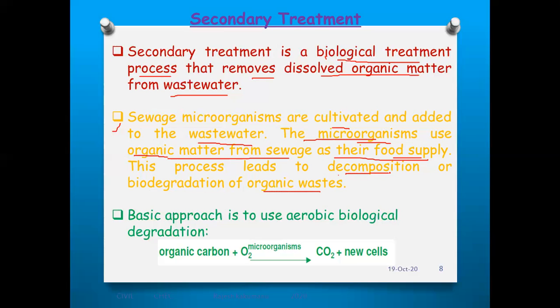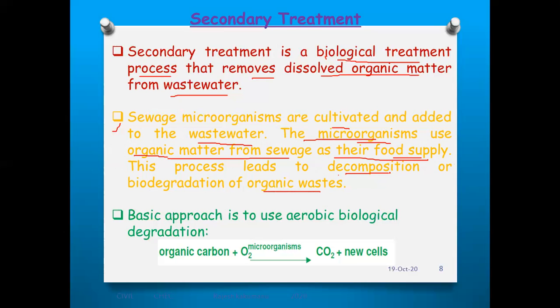Secondary treatment process means it is a biological treatment process that removes dissolved organic matter from the wastewater. In order to remove the organic matter dissolved in the sewage water, we use the secondary treatment process. How will you remove it?